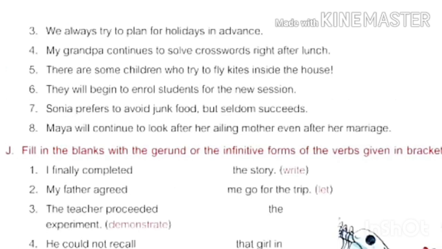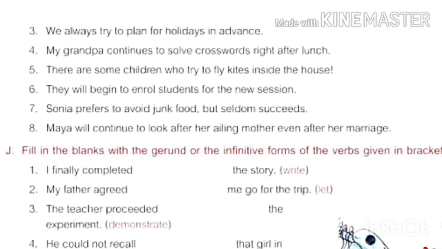Third sentence. We always try to plan for holidays in advance. The answer is very simple. We always try planning for holidays in advance. It's a very easy exercise, you know. My grandpa continues to solve crosswords right after lunch.